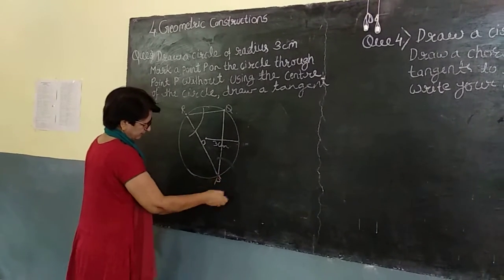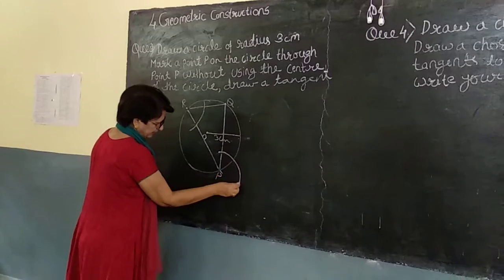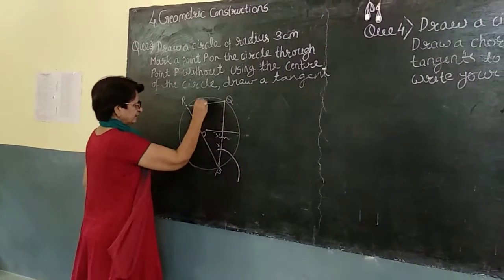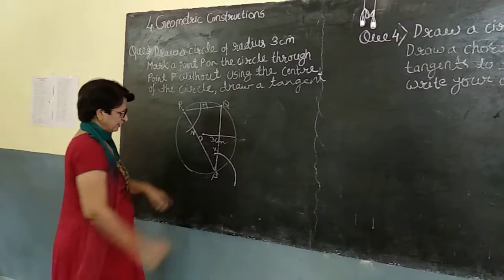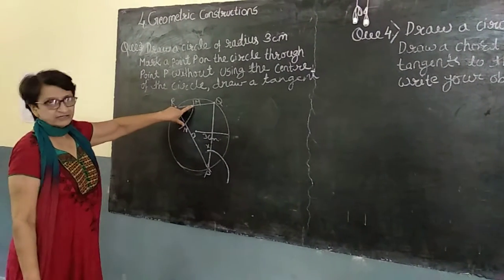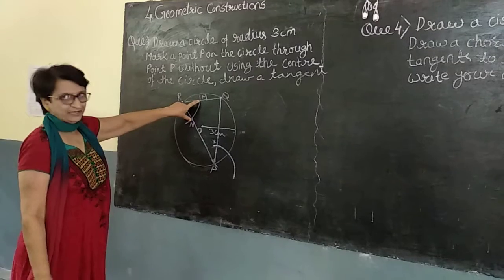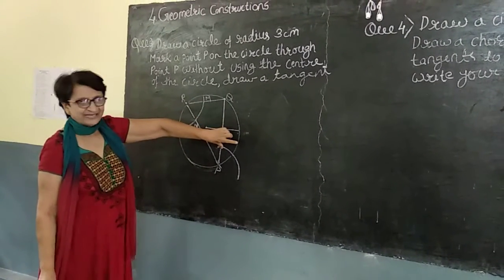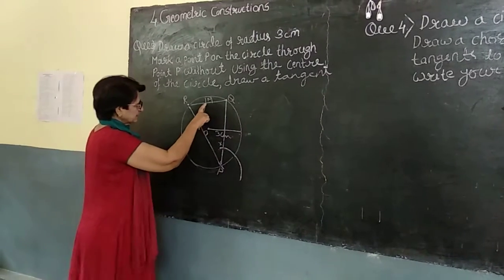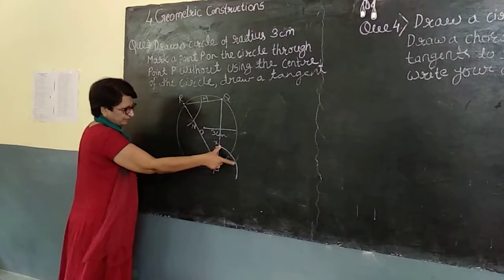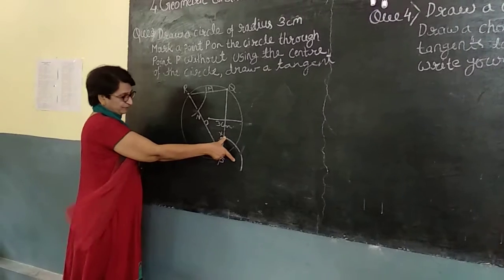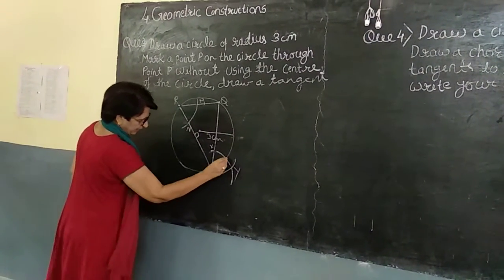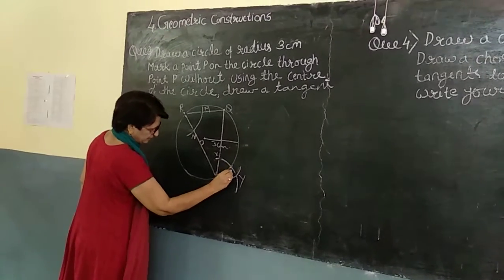Here also I drew an arc, which is cutting PQ at X. This is cutting at M and N. Now take the distance MN on the compass, lift it, put the compass point on X, and with this distance cut an arc on the previous arc. Then this becomes your point Y. And here the point of intersection, let it be S.